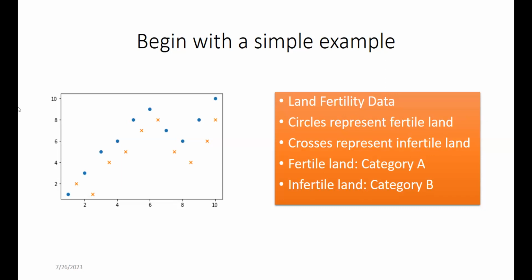Suppose this type of data is given to us, and it's land fertility data, where circles represent fertile land and crosses represent infertile land. So basically there are two types of data: fertile land, category A, and infertile land, category B. This is a kind of survey done by someone, or this kind of data is available in a certain region, showing the locations where the soil is fertile and the locations where the soil is infertile.